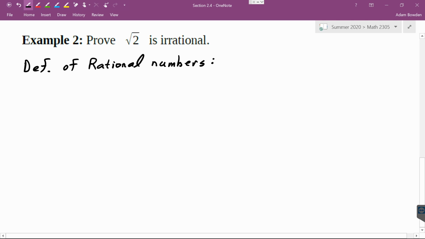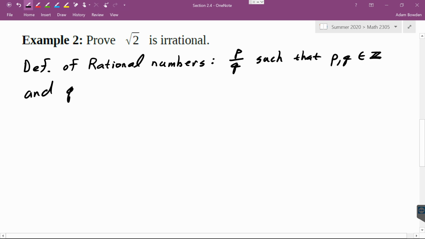Basically, the definition of a rational number is a number p over q such that p and q are elements of the integer set and q is not equal to 0. So if the square root of 2 is irrational, it cannot be written as a p over q number with p and q being integers.